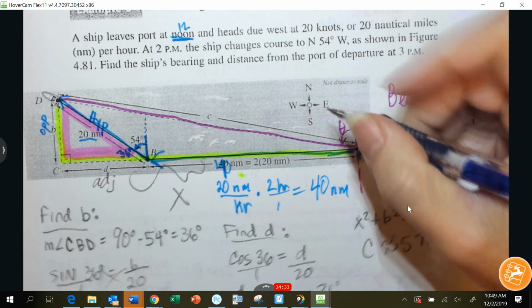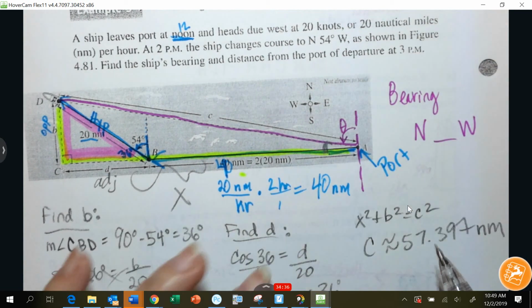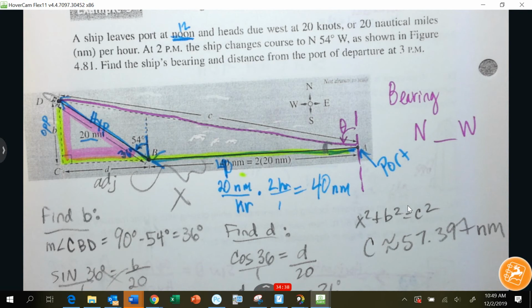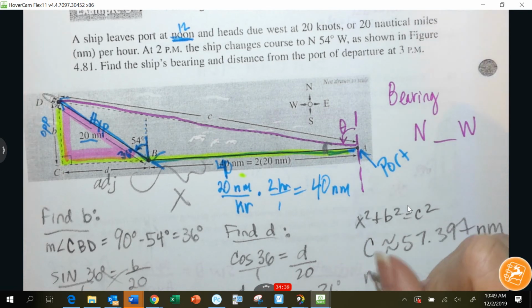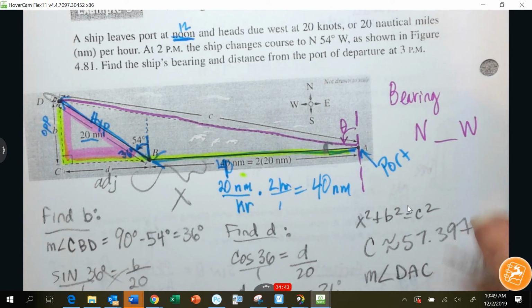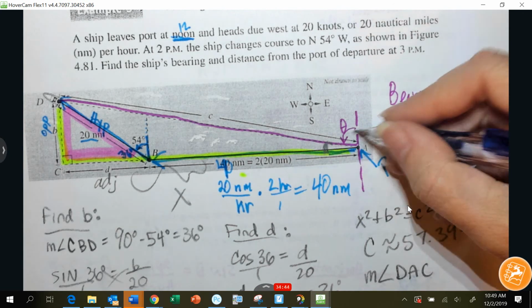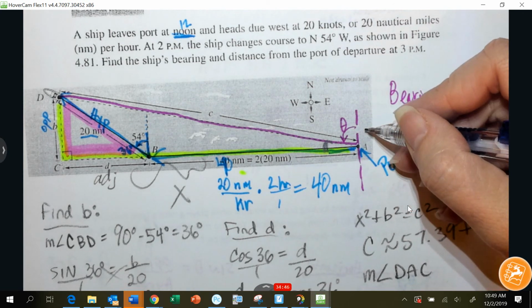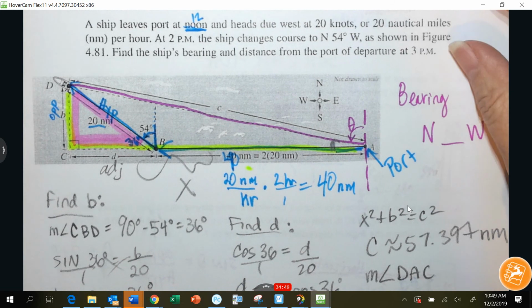We can find DAC because we know all 3 sides of the triangle. So let's find measure of angle DAC. And then once I find that, I subtract it from 90 to get the theta.